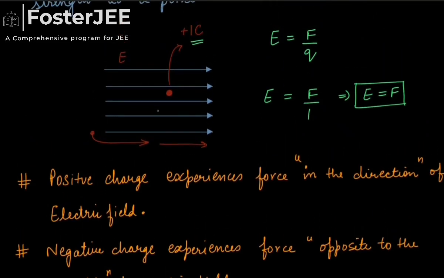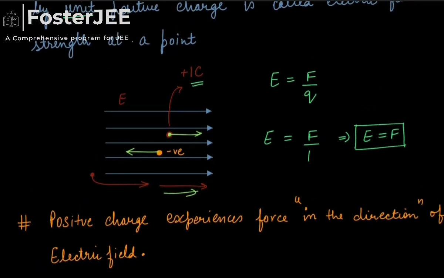Hence, we can say, if we place any negative charge in this region, then the direction of force will be this, that is opposite to the direction of field, which is this. But if we place a positive charge in this region, the force will be in the direction of electric field.